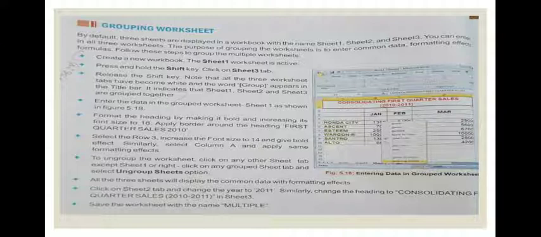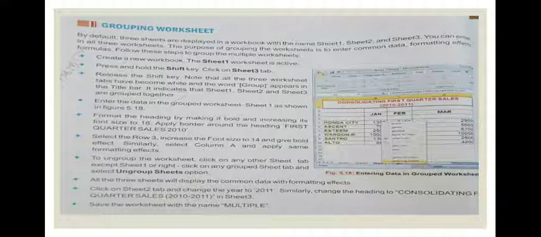To ungroup the worksheet, click on any other sheet tab except Sheet 1 or right click on any grouped sheet tab and select Ungroup Sheets option. All the three sheets will display the common data with formatting effects.